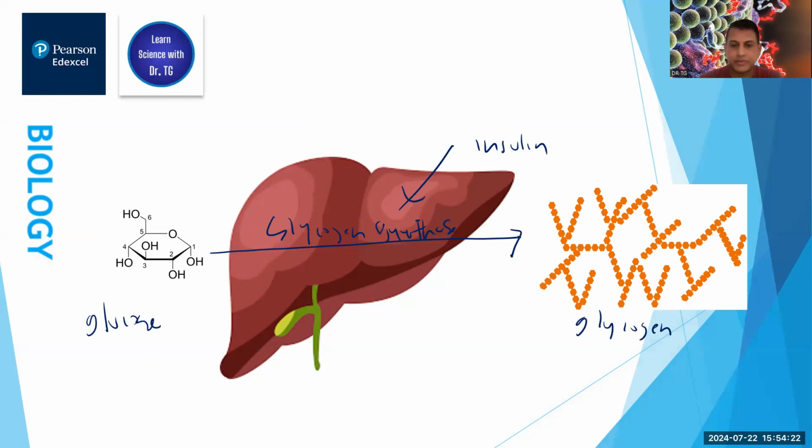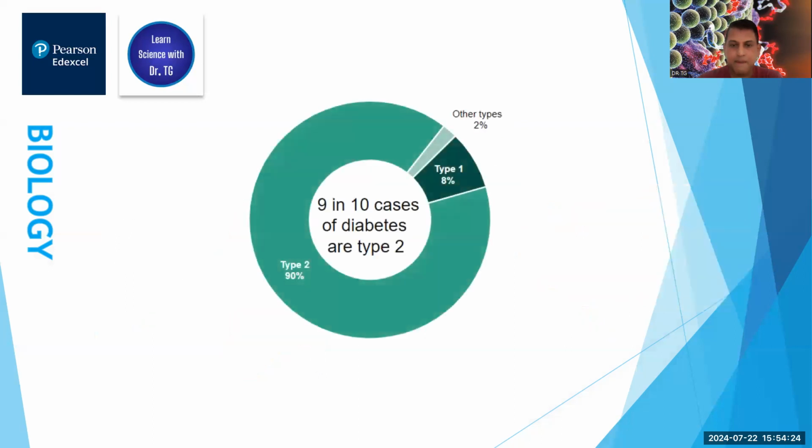Type 2 diabetes, 90% is common, attributed to lifestyle changes, and people have different lifestyles. With age, type 2 diabetes is increasing. There's another one, type 1 diabetes, whose cause is very different to type 2 diabetes. And we only look at type 2 diabetes.